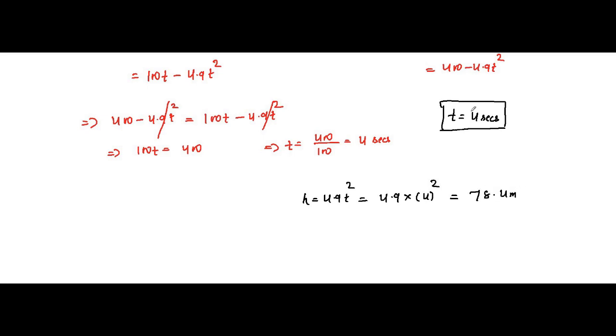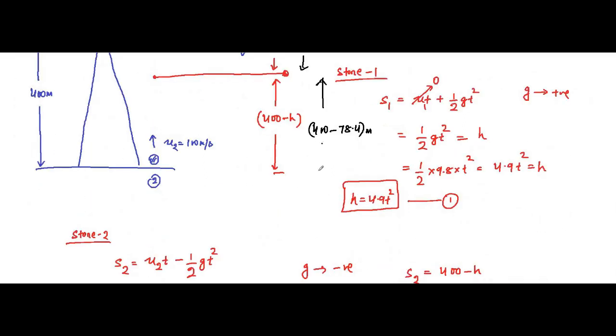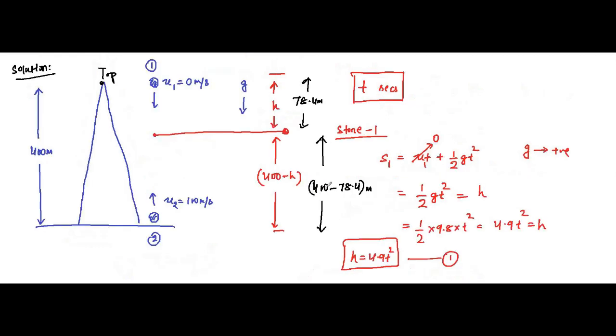So both the stones met at this point, 78.4 meters below the top of the tower. Or you can say 400 minus 78.4 meters above the ground. Whether you say 78.4 meters from the top of the tower or 400 minus 78.4 meters above the ground, either way it is correct.